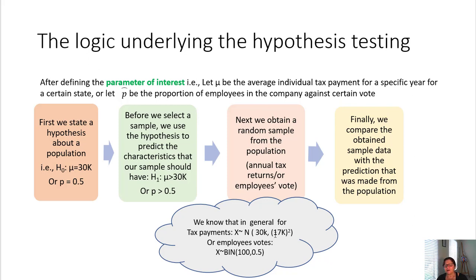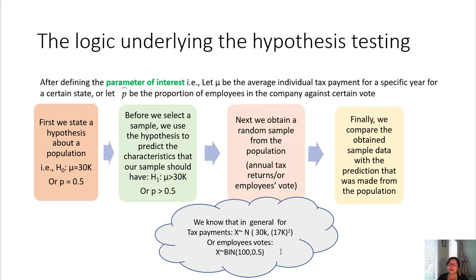For example, we say x is normally distributed with the average score and the variance for the population. Or if I'm talking about a proportion for the null hypothesis, then x would be binomial with n and p, as we already talked about the parameters for different distributions.